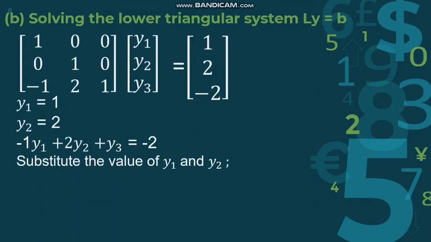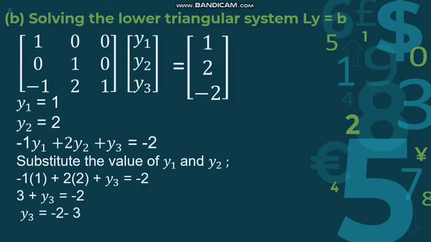Substitute the value of y sub 1 and y sub 2 to get the value of y sub 3. That is negative 1 times 1 plus 2 times 2 plus y sub 3 is equal to negative 2. 3 plus y sub 3 is equal to negative 2.